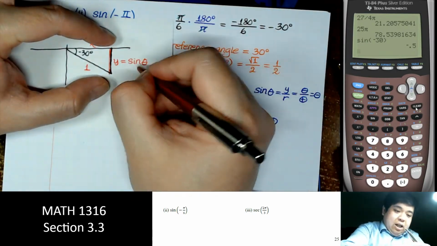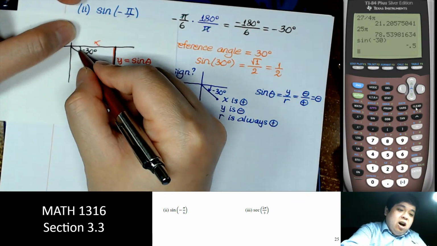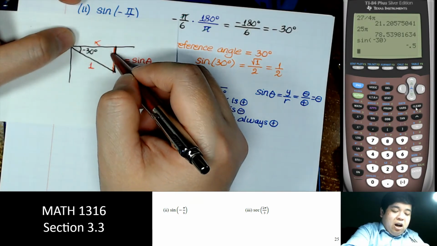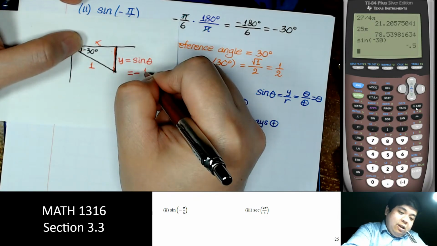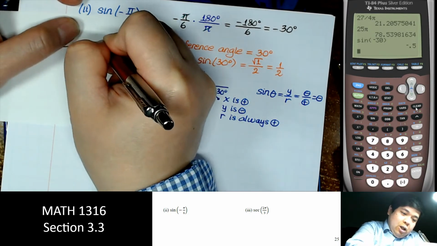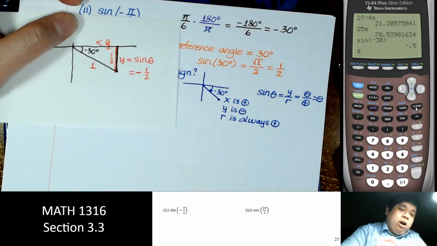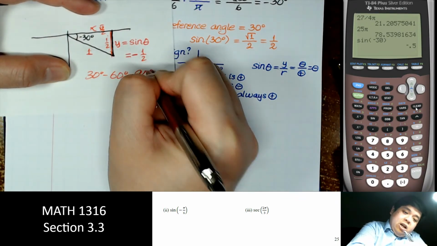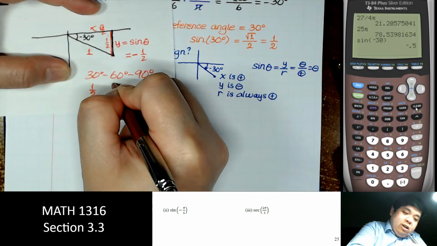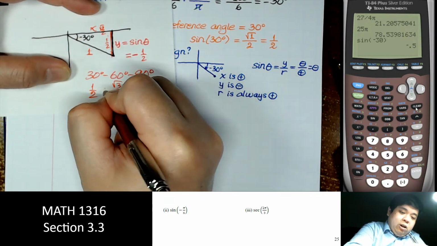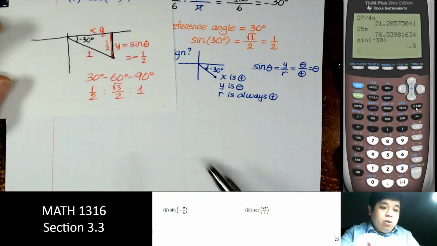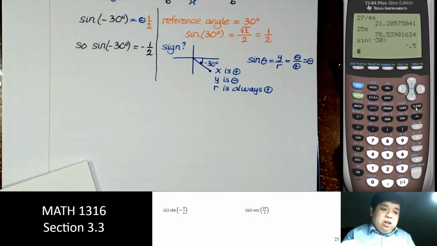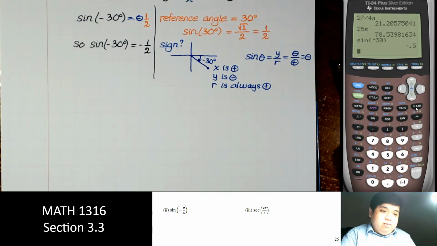Because it's going down, it's going to be negative. And this is the 30, 60, 90 degree triangle. Corresponding to 30, 60, and 90 is 1/2, square root of 3 over 2, and 1. Those are the ratios. So that's why this is 1/2 going down, so it's negative. So there are a lot of different ways to determine the values of a trig function like that.